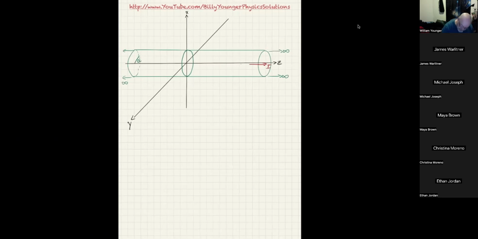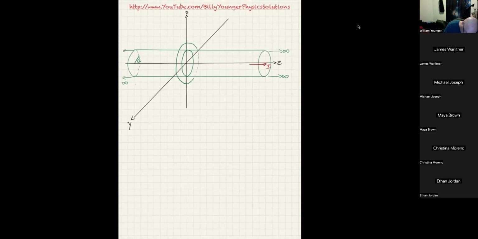Now I'm going to draw the other part of the wire, which looks like this. And that's just the inner part.